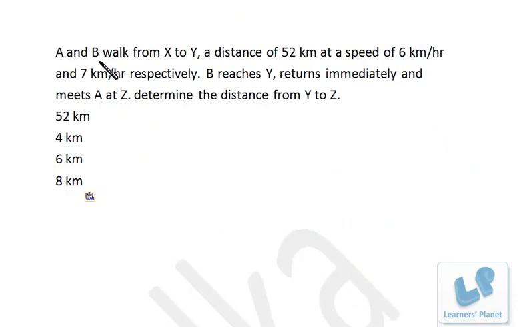Now see this problem. A and B walk from X to Y, a distance of 52 km, at speeds of 6 and 7 km/h respectively. B reaches Y and returns immediately and meets A at Z. We have to find the distance from Y to Z. I assume this distance to be d, right?